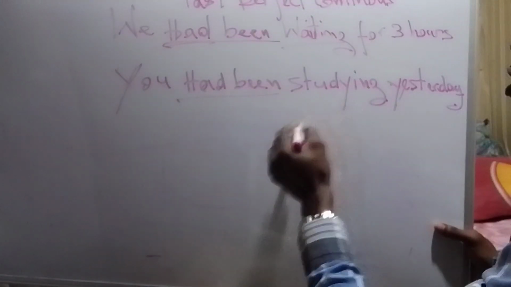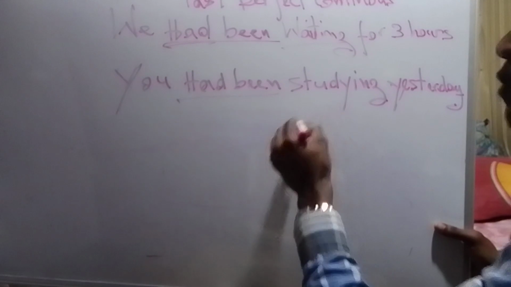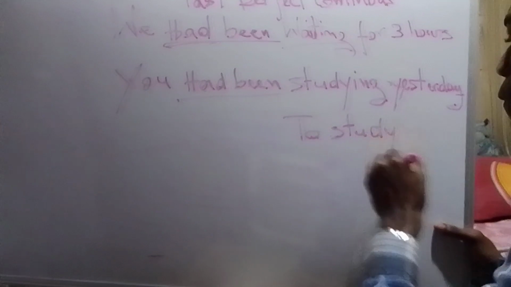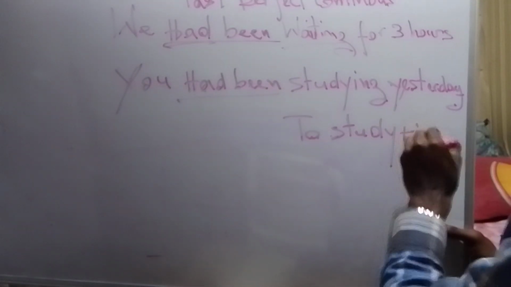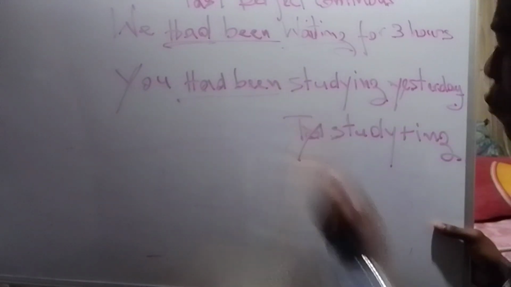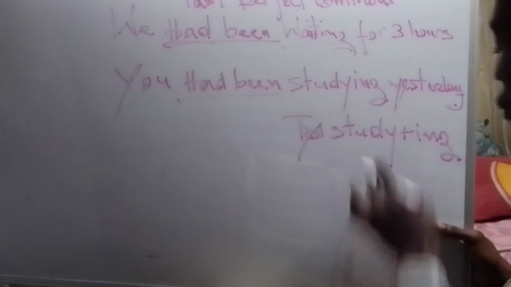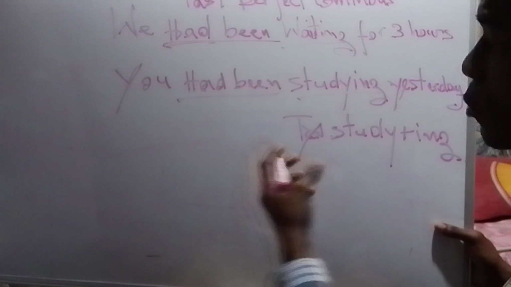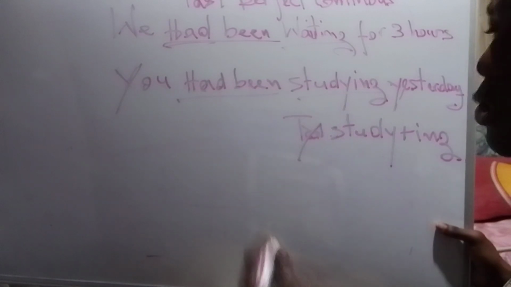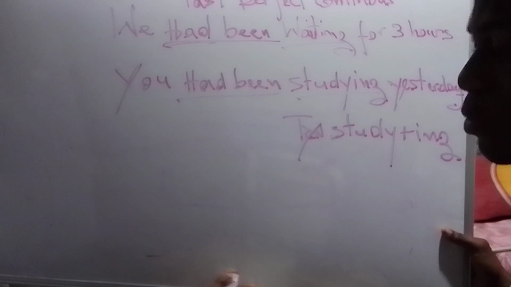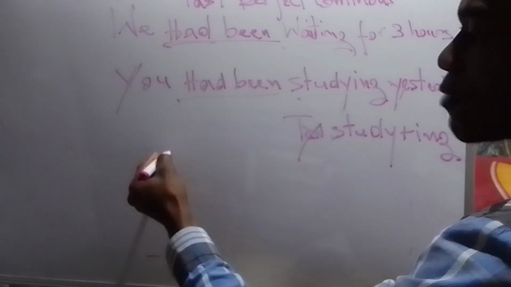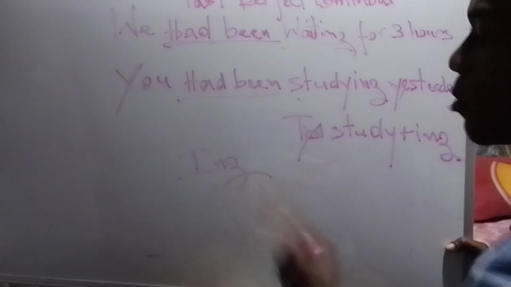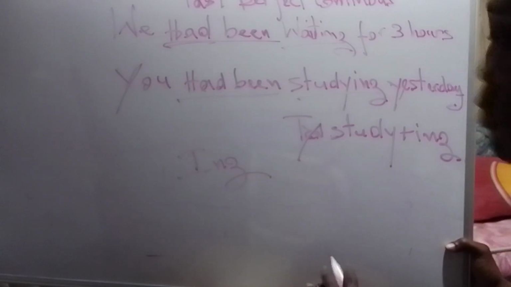Had been. Studying. Studying is the present participle of the verb to study. I put an ing form right here. The present participle of the verb study is studying. To construct the present participle of a verb in English, you have to put an ing form at the end of the verb.